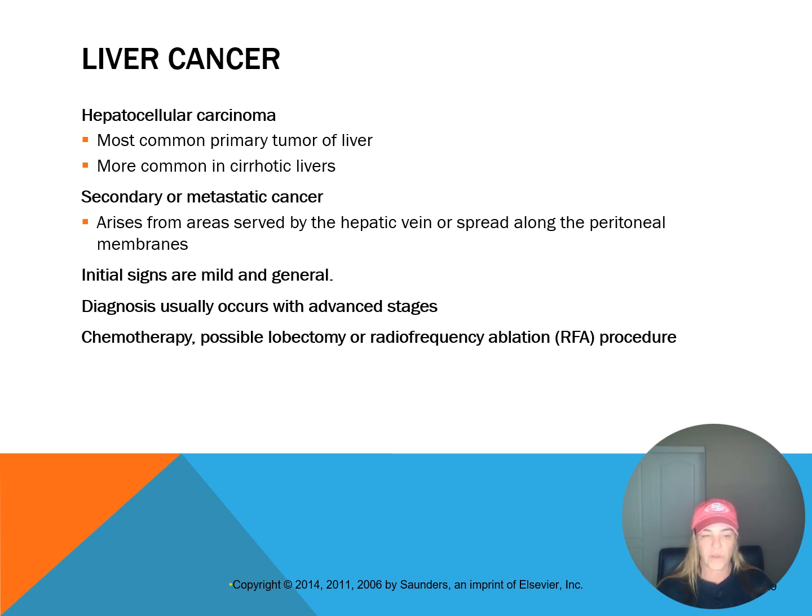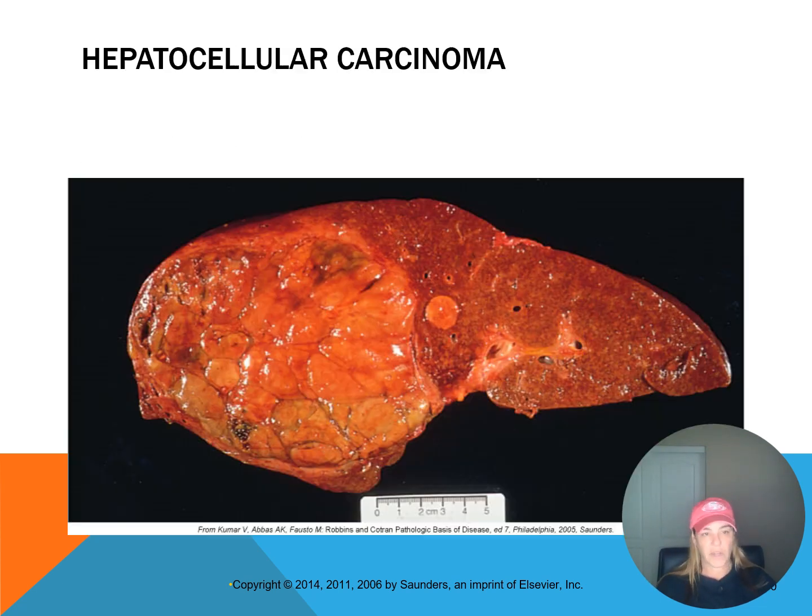It's easy for them to move into the liver because of the hepatic veins. Again, initial signs are usually mild and very nonspecific. Diagnosis is done by a liver biopsy.